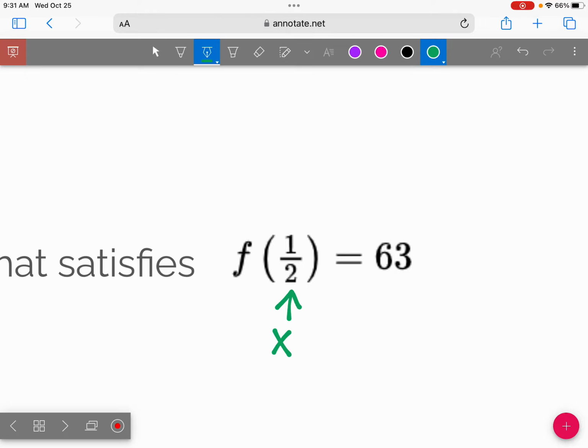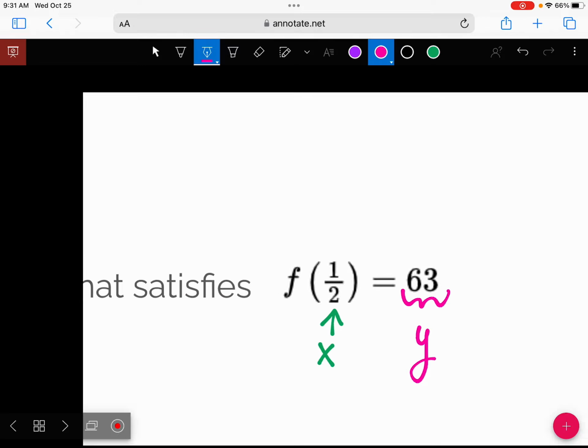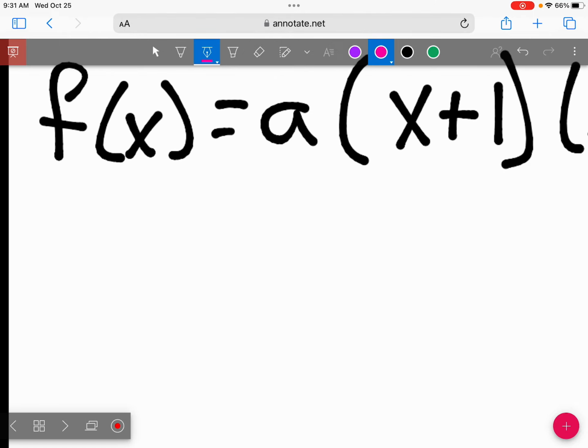This is my x. And this is my y, or my f of x. So we're going to substitute those in so that we can solve for a.